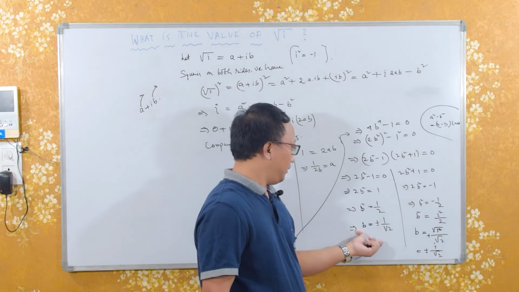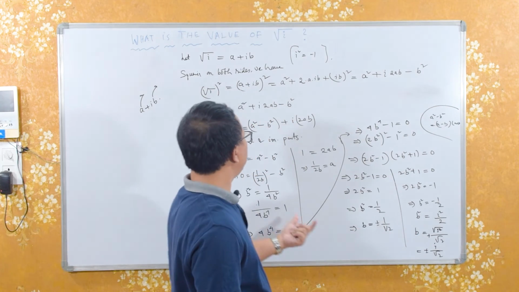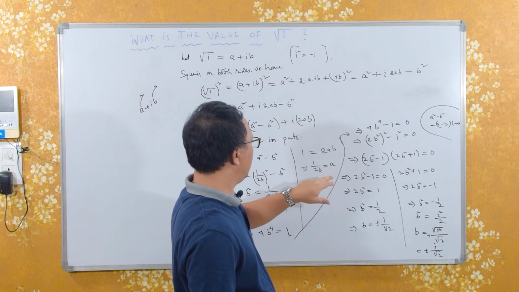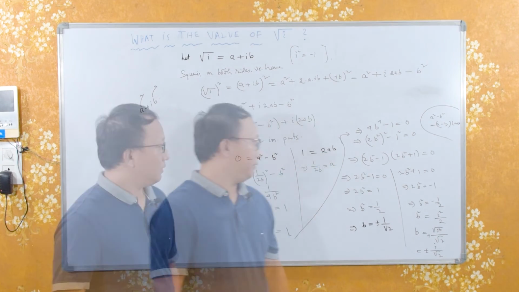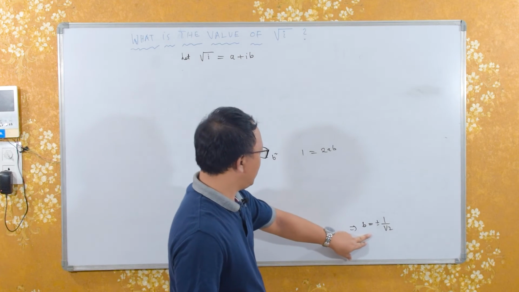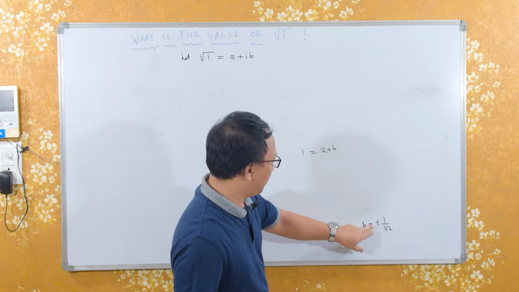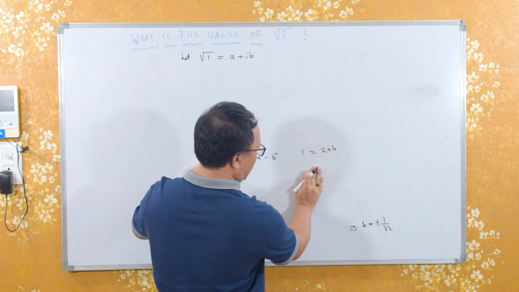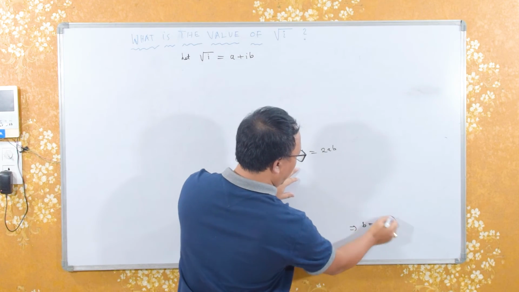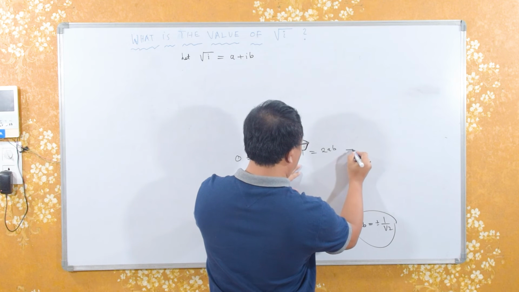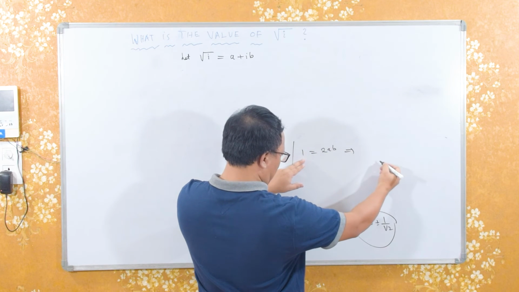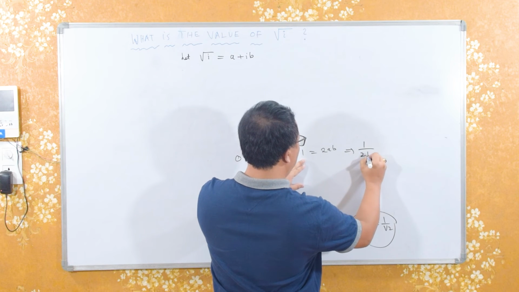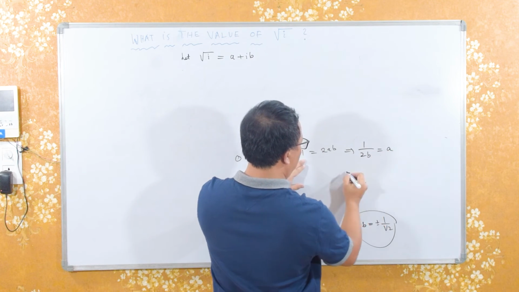Now, putting the value of b, I can use either of these. We have b = ±1/√2, and we have these two relations. So now we have the value of b. From here, 1/(2b) = a.